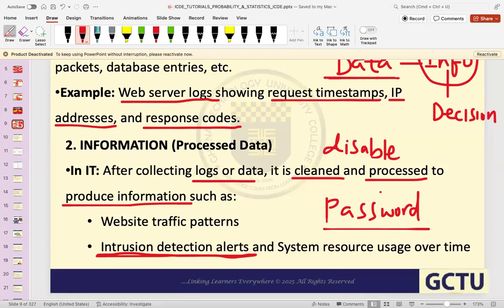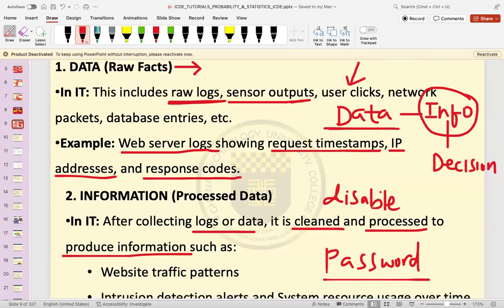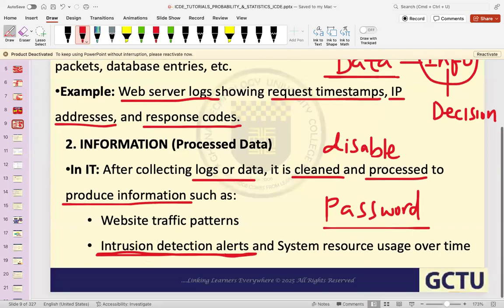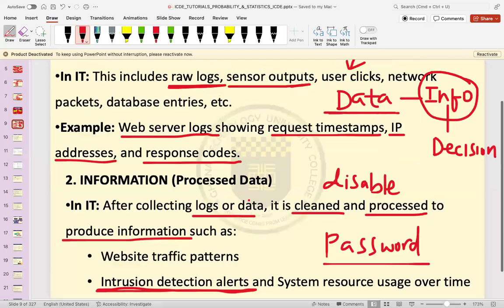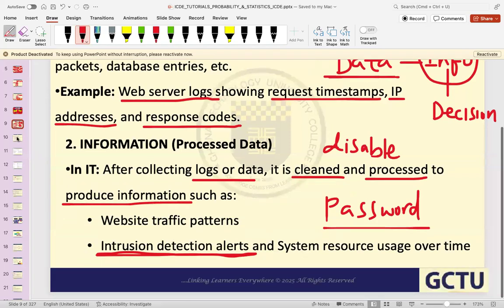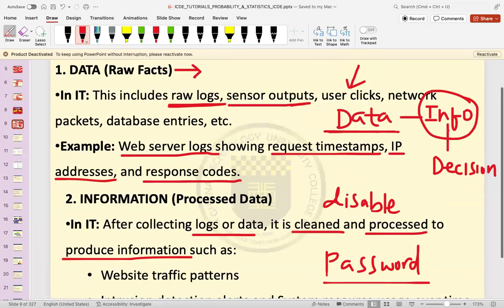And in discrete maths, you will be taught how some of these intrusion detection alerts can be seen when the machine detects that there is no match between what you have inputted and the information that is expected. So that is moving from data to information.